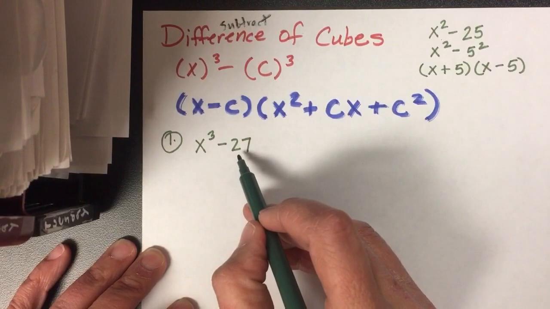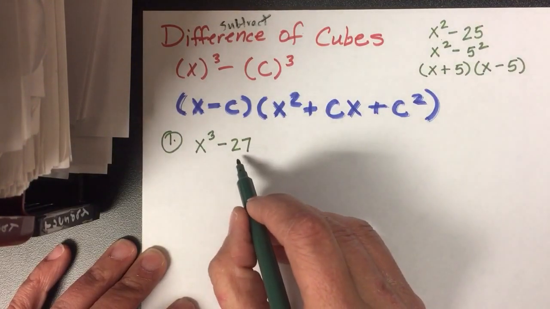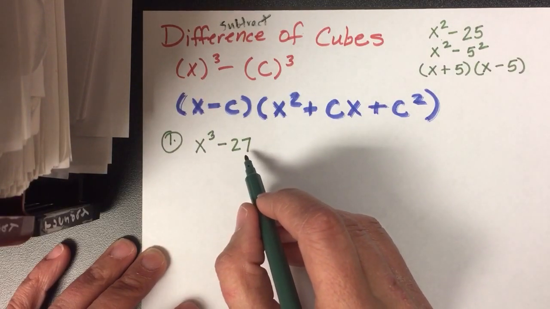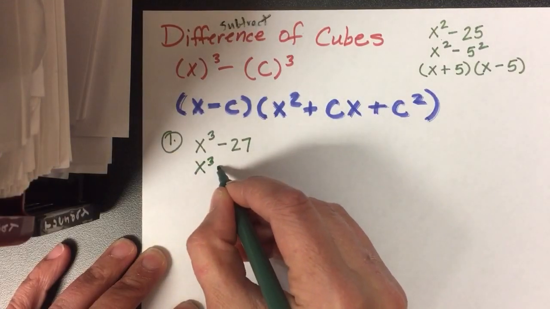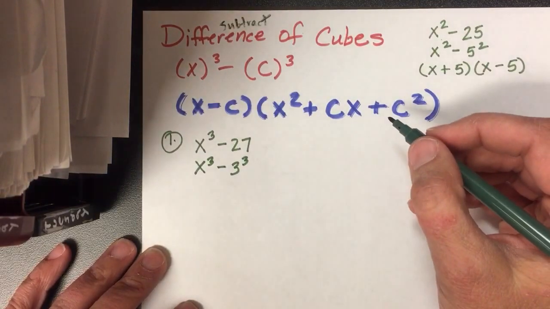Let's look at the 27. The 27 is a perfect cube. If you were to take the cube root of 27, you would get 3. So 27 is actually a perfect cube, 3 to the third power.